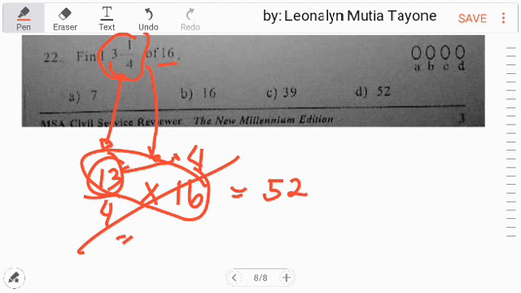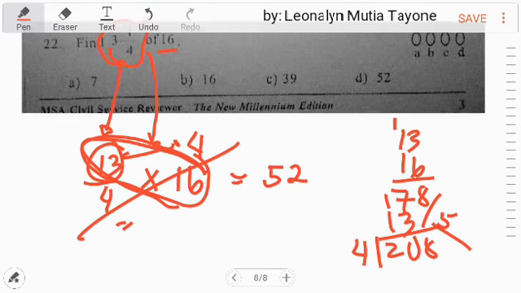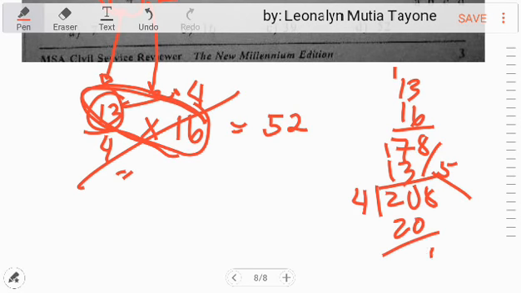Kasi, kaysa mag-multiply ka ng kalaki-laking number, medyo lumaki pa yung number mo, 208. Yung 208, i-divide mo pa siya ng 4. Ganon din naman ang sagot, 52 lang din naman.